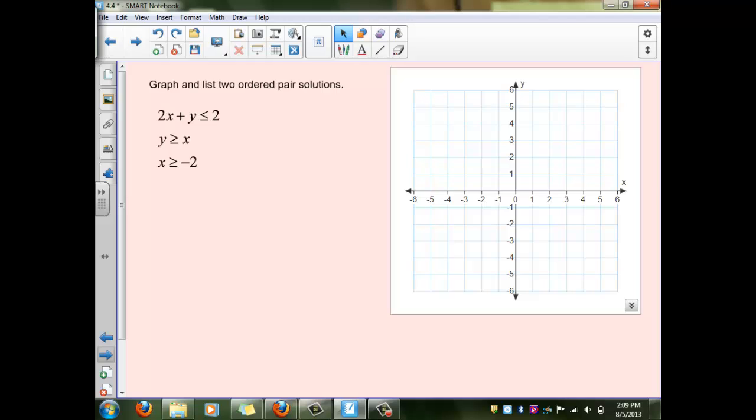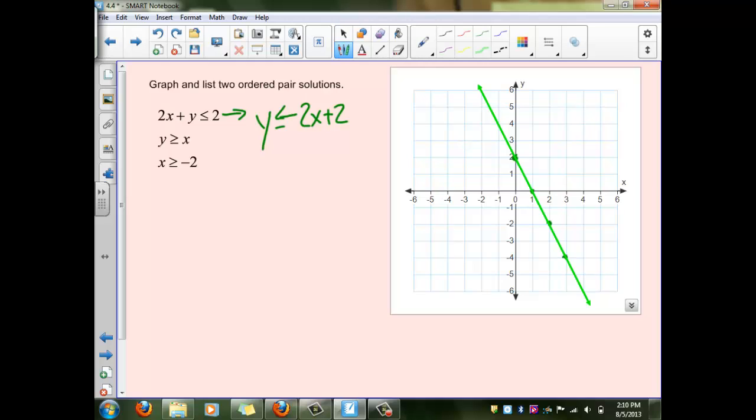Now, even though there's more inequalities, it works the same way. So let's start by getting our y by itself. And if we test our 0, 0 here, we'll have 0 less than or equal to 2, which is true.